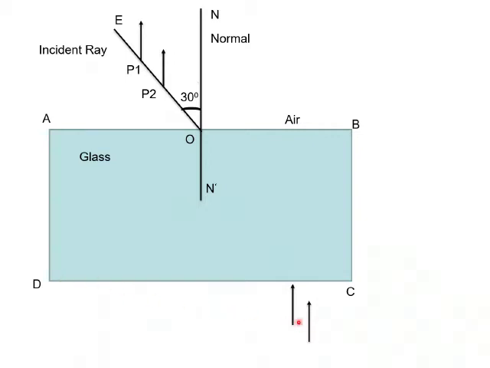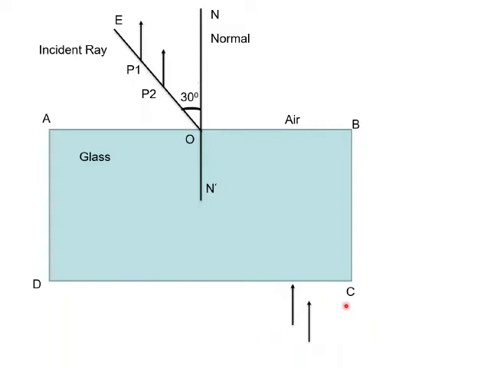How will you fix these two pins? We have to see the images of pins P1 and P2 from the side DC of the glass slab. The glass is a transparent material, so you will be able to see the images of pins P1 and P2 from the side DC of the glass slab.